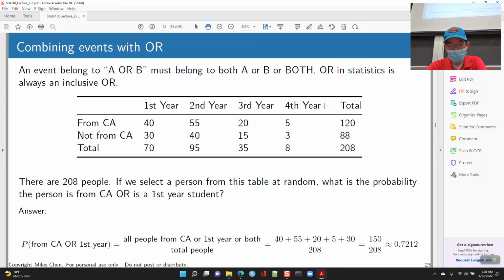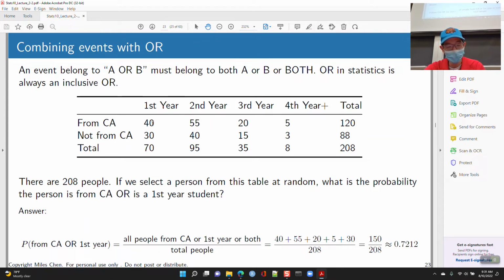Okay. And so in this case, we would count all the people who fit into these categories. There's a total of 120 people from California.